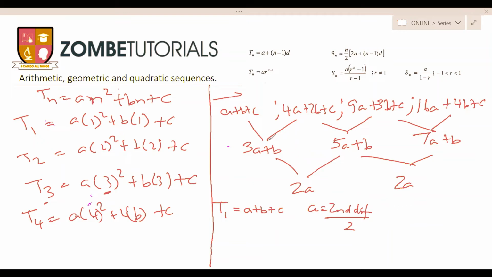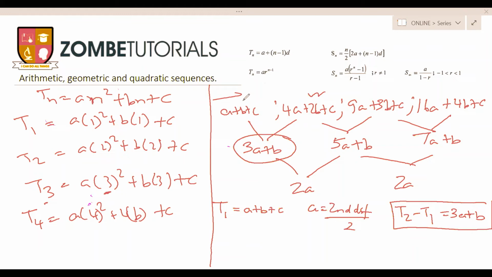And then for us to get our value for B, we're going to say T2 minus T1 is equal to 3A plus B. And this is basically extracted from this particular value because we got this by subtracting this and that. So this is important.